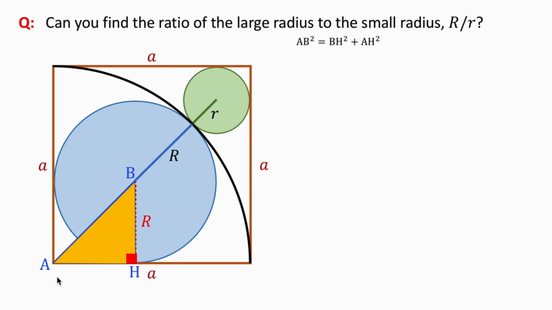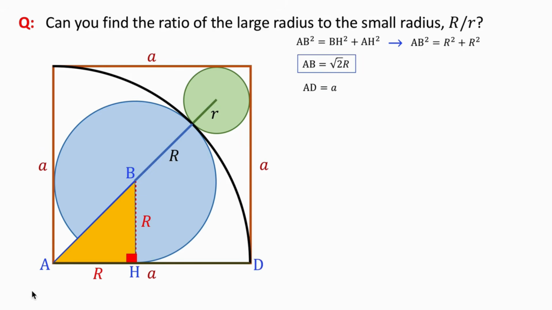For the right triangle ABH, we can write the Pythagorean theorem as this. Since AH and BH that we have here both have lengths r, then AB equals square root of 2 times r.